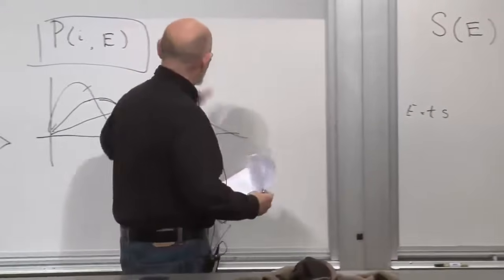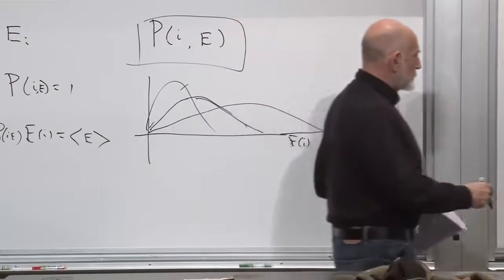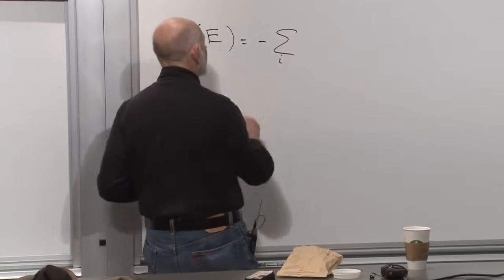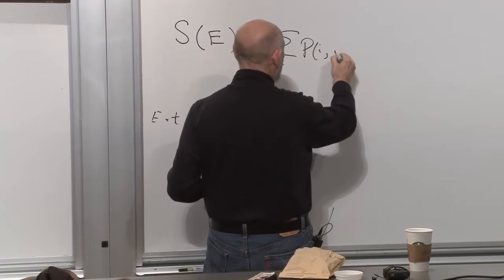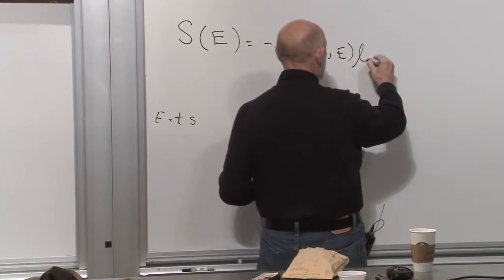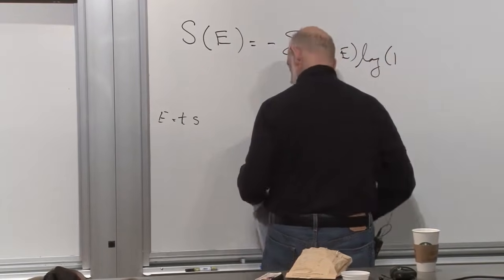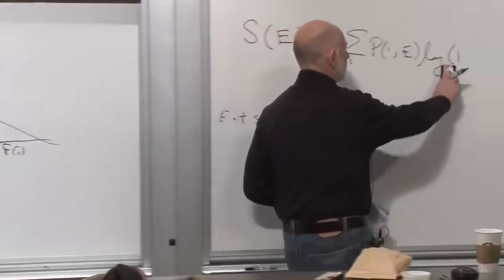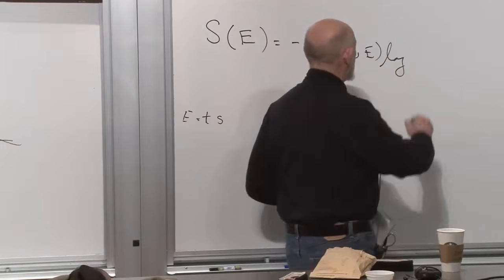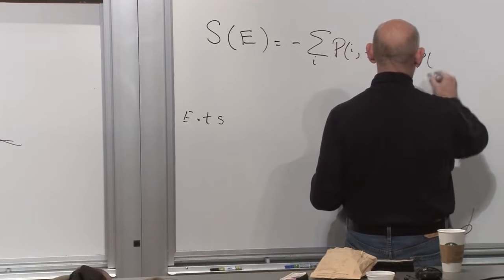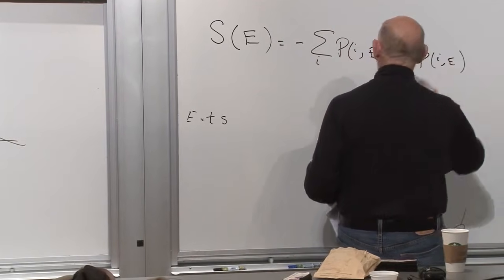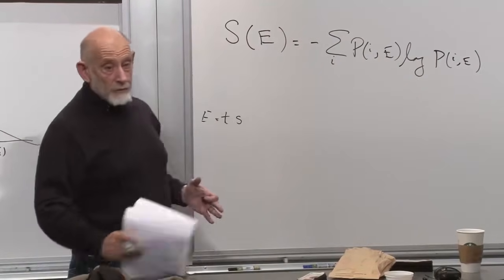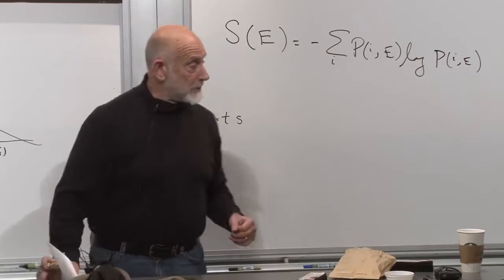But given this one-parameter family of probability distributions, S of E is equal to minus the sum over I of P of I, comma E, log of P. And so, for this reason, S becomes a function of the average energy in this case.